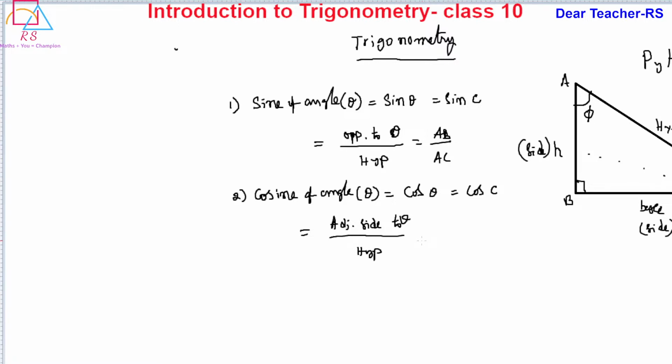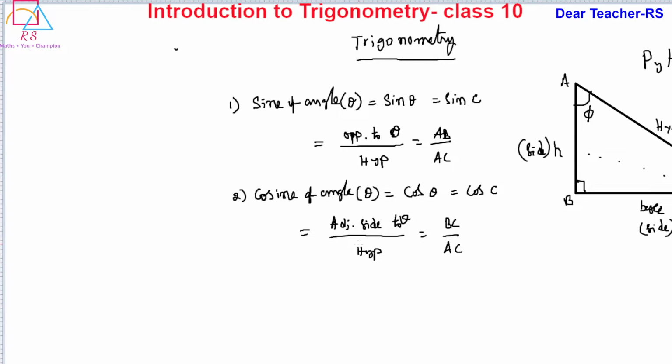So the adjacent side to theta is BC. AC is also adjacent and BC is also adjacent, but AC we have already named hypotenuse. So BC upon AC. This is the second ratio.